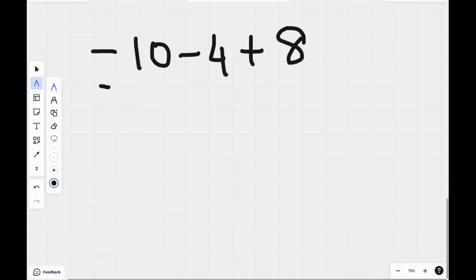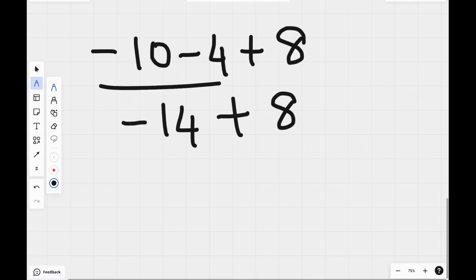I can first work on minus 10 and minus 4 because they both are negative numbers. I can simplify this and say minus 14. They both have the same sign, so I add them and the sign remains the same. And then I'll write positive 8 as it is.